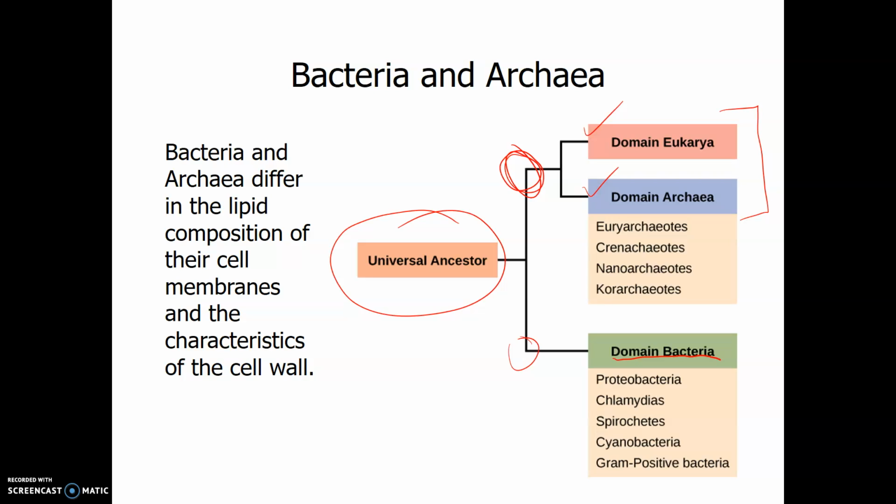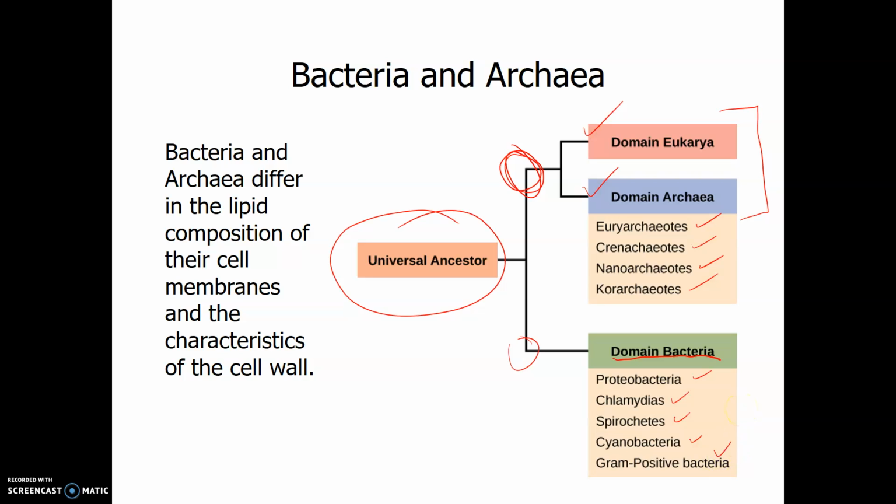And the classifications of archaea are the euryarchaeotes, and then there's crenarchaeotes, there's nanoarchaeotes, and there's korarchaeotes. And then in bacteria, there's the proteobacteria, the chlamydias, the spirochetes, the cyanobacteria, and the gram-positive bacteria.